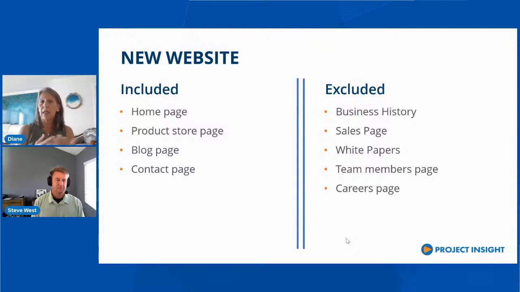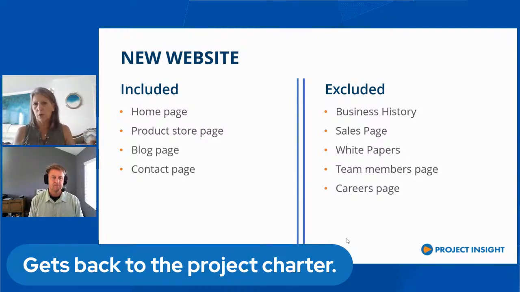Somebody that was in those conversations early on can help answer those, or the project manager can help facilitate getting answers to those. But it's not being an order taker. Just because somebody says, well, I assumed the sales page was under the product store page, you can't just assume that. That's why it's very important to spell it out.